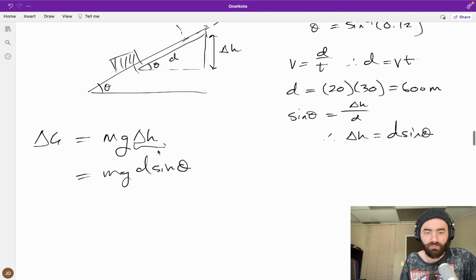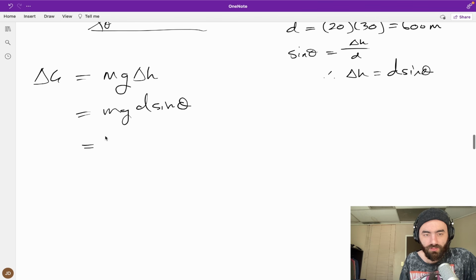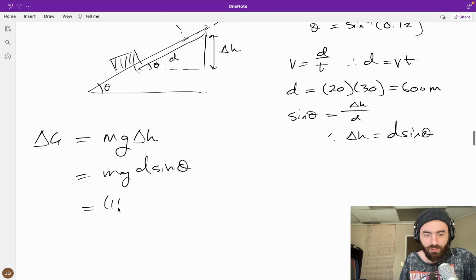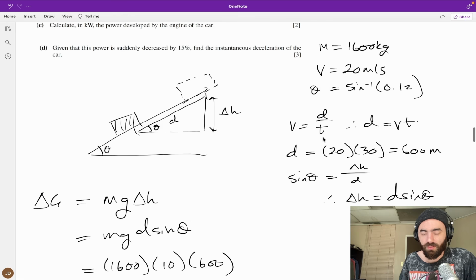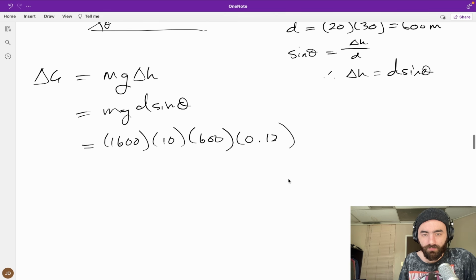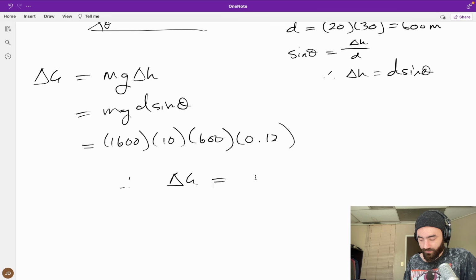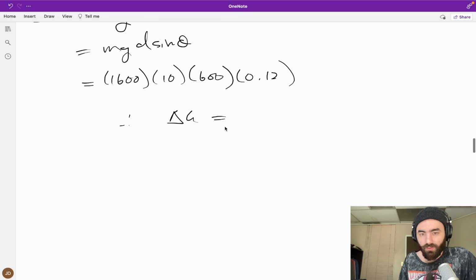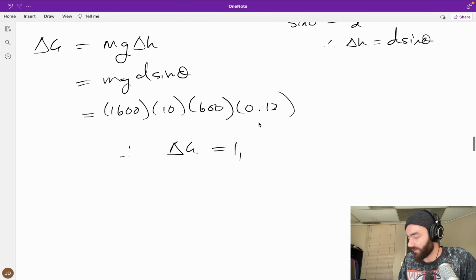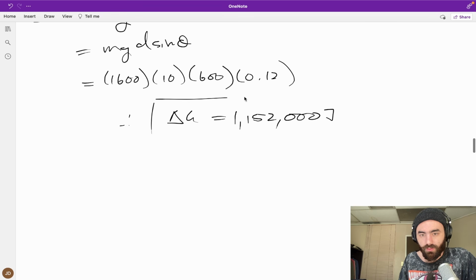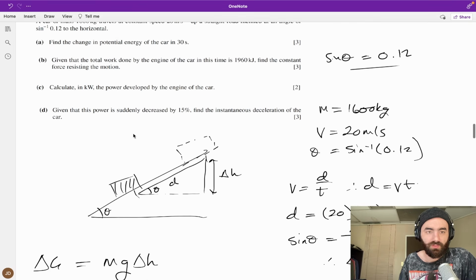We have all these values: the mass, which was 1600, times gravity, times 600, times sine theta, which is 0.12. Therefore, the change in gravitational potential is 1,152,000 joules. It's a big number, a big change in gravitational potential.